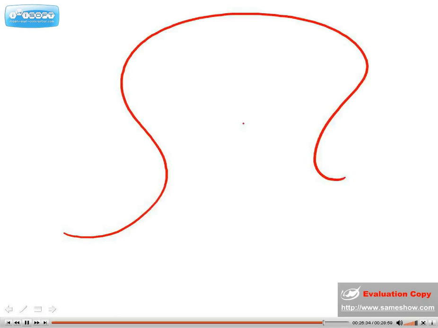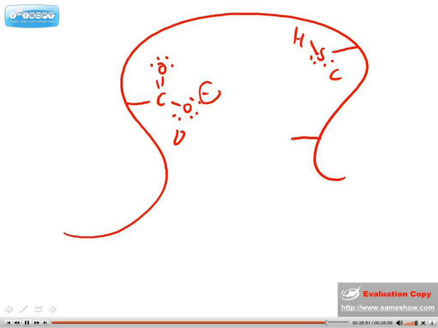So I could have a situation like this right here. Here I have a carboxylate ion. Here I have a cysteine. So here we have an aspartic acid D. Here you have a cysteine.